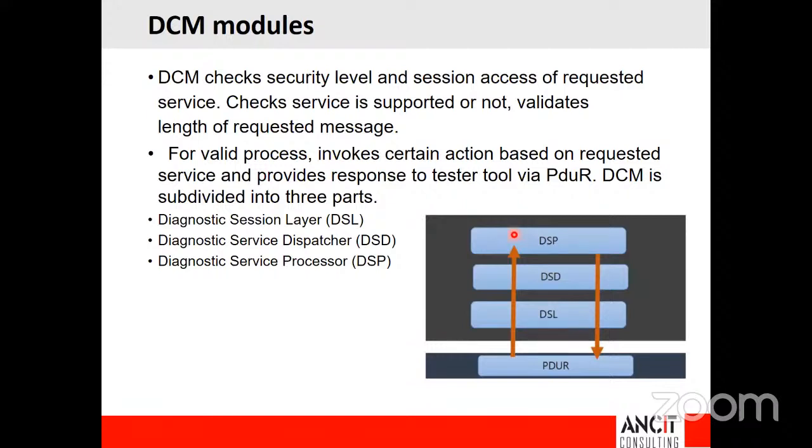So these are the 3 layers of the DCM. First, when there is a request from the tester, as I've told you previously, it is forwarded from the lower layer to the PDR and finally it will be transmitted to the DCM. That request, initially, will reach only the DSL layer.